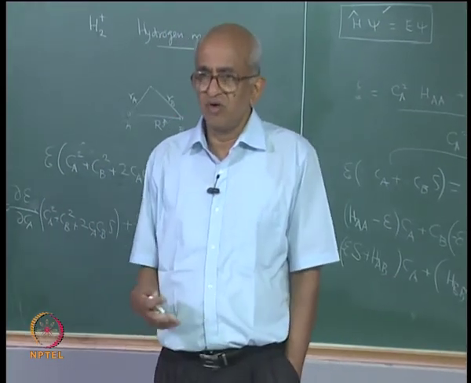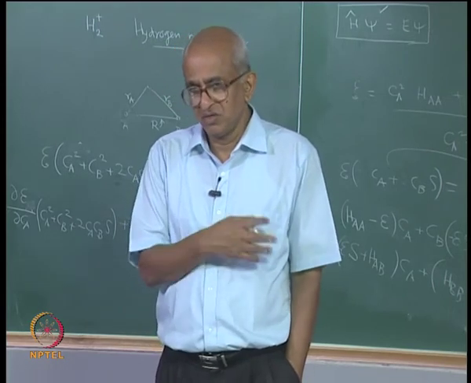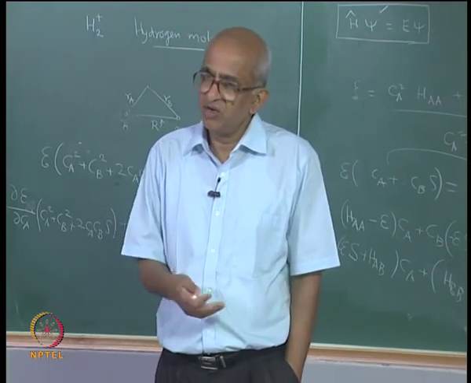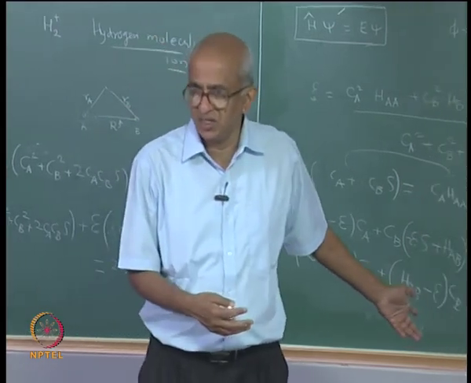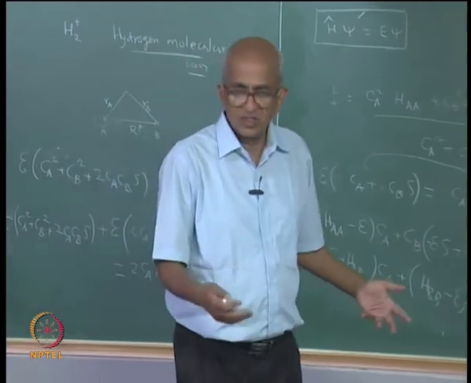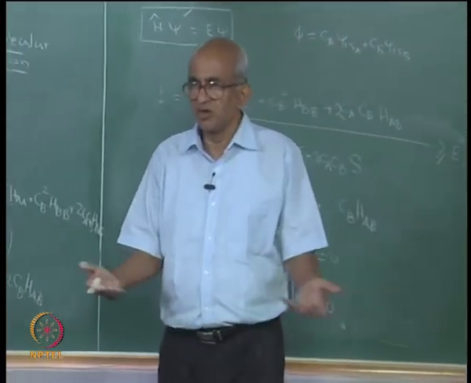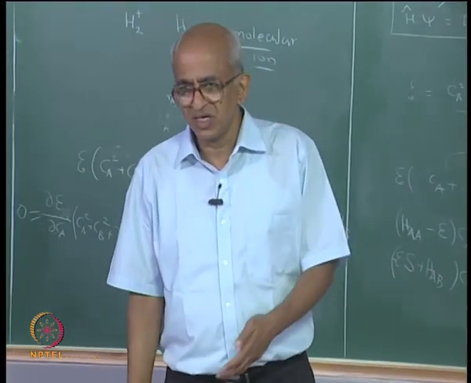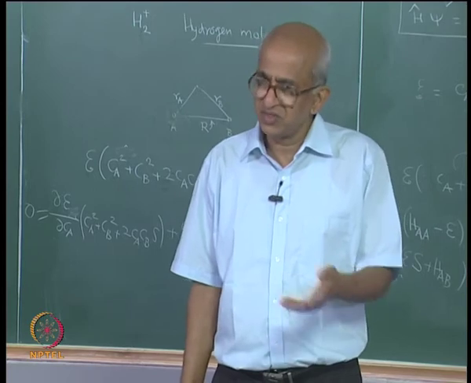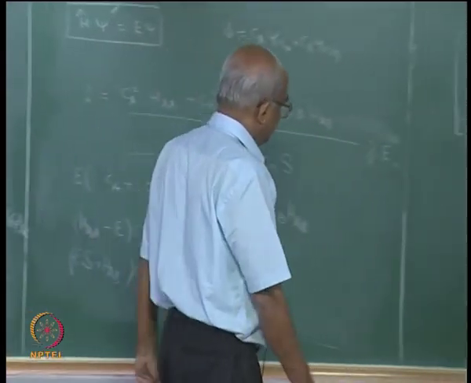Actually I wanted to solve for CA and CB and put them into the equations to get the value of script E. But now I have an equation for script E. So this is very nice. I just have to solve this equation for script E, and that will give me its value. It is not really necessary to solve for CA and CB, but of course, if you are interested in the wave function, you should do it. But if you are interested in the energy, this is all that you need to do.